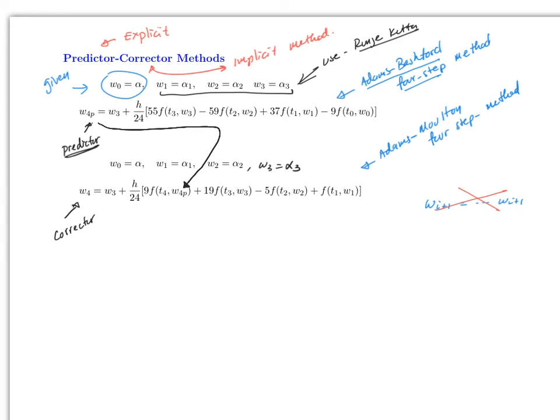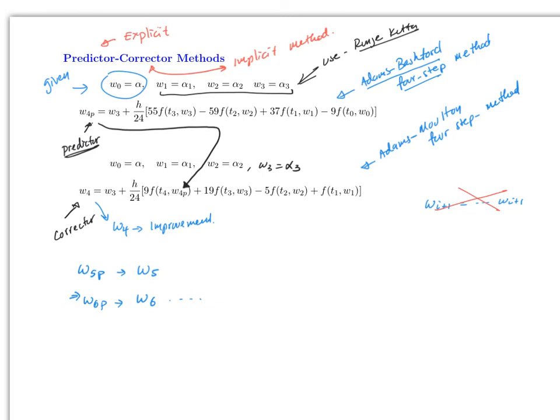And then this will give you the new W4, which should be a correction, an improvement of the previous W4. And then you're just repeating the same method for W5. So after this, you will get W5P. From there, you get W5. And then you will get W6P, which will give you W6, and so forth.